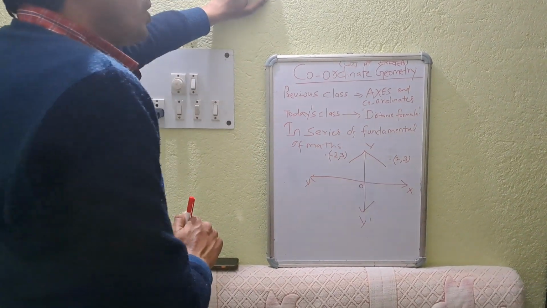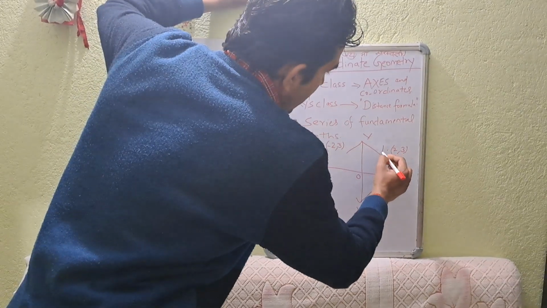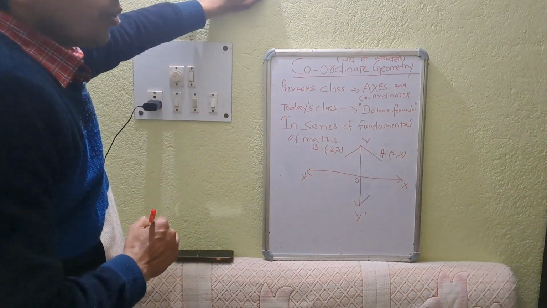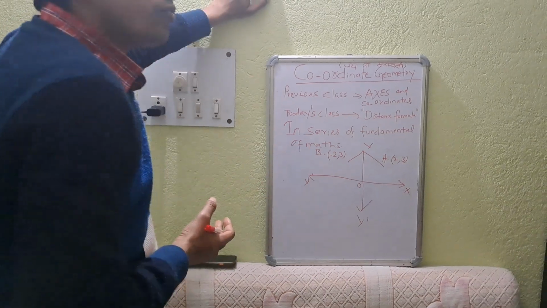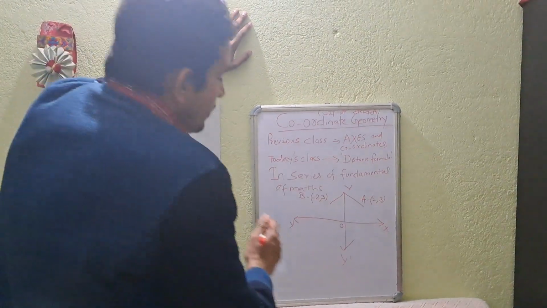Okay, so now we will be finding the distance. We will name these points A(2, 3) and B(-2, 3). So we will be applying the distance formula to calculate the distance between these two points.